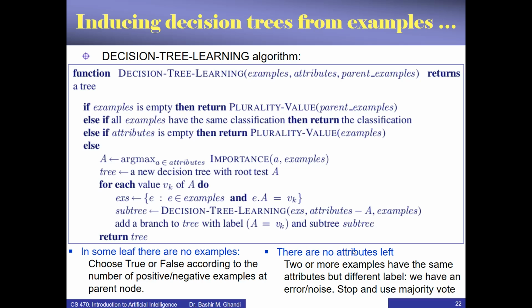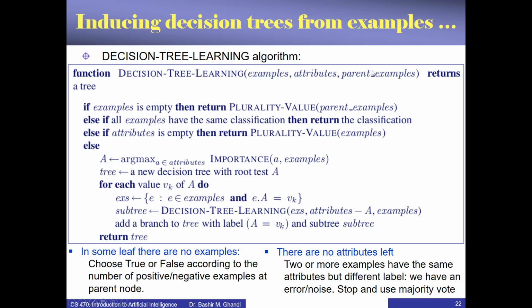Okay, here is the decision tree learning algorithm. As you can see, it takes as input examples, so the set of examples that is going to be used for the learning or the training, a set of attributes, and parent examples.